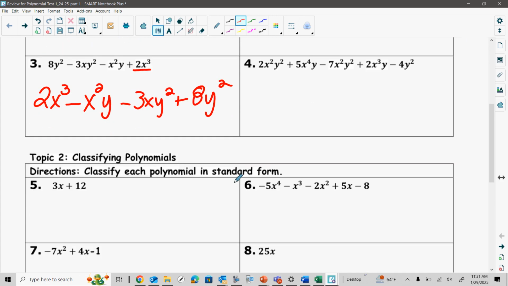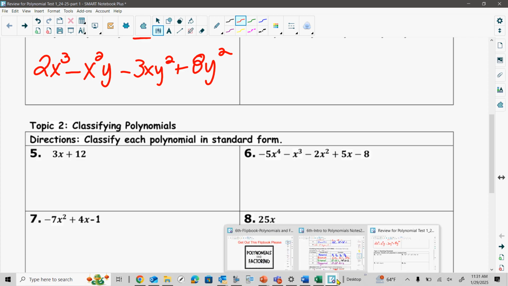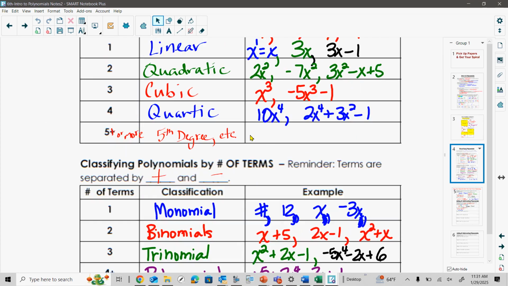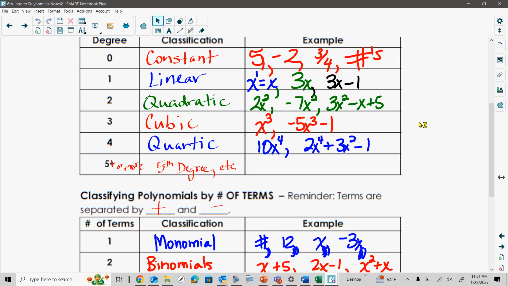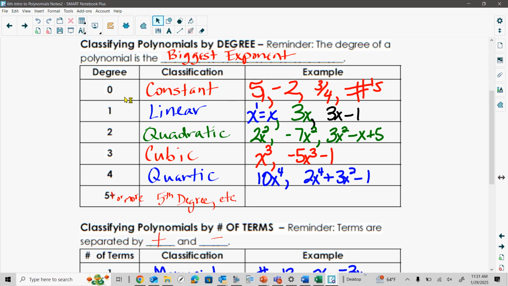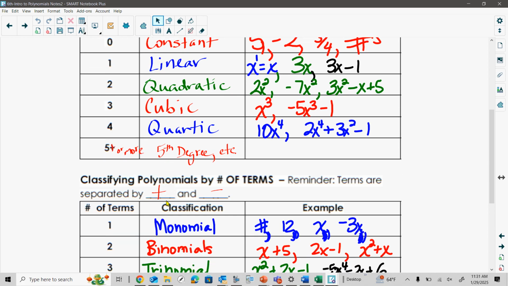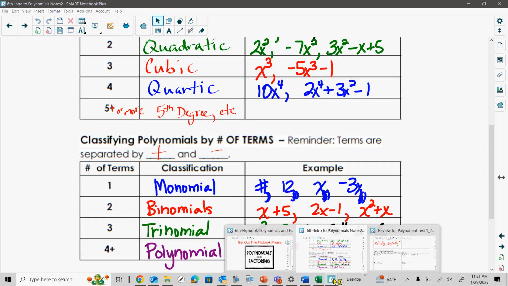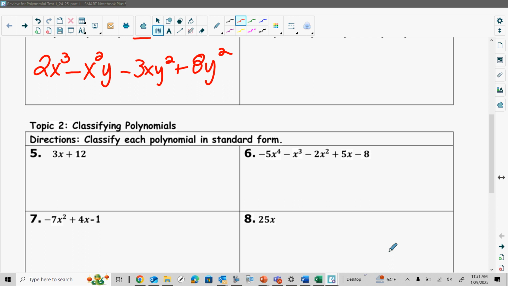Classifying polynomials, we name it by the degrees. That's what I was talking about, this table right here. We name by the degree, by the exponent. Each degree has a name. If it's 5 or more, you just name 5th degree or 6th degree, and then the number of terms. So for here, this degree is 1, so this would be a linear, and there's 2 of them, binomial.